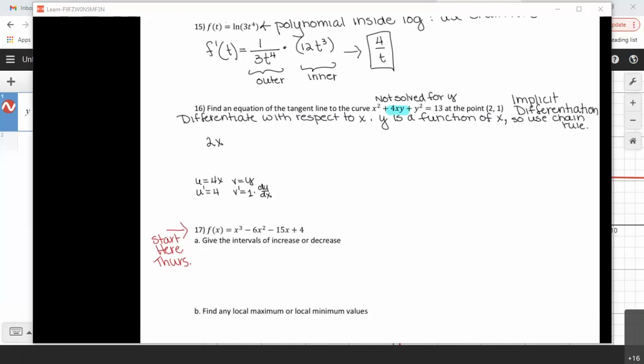Then I have u times v prime plus u prime times v. That's going to be 4x times dy dx plus 4y. So here's the derivative of the product.